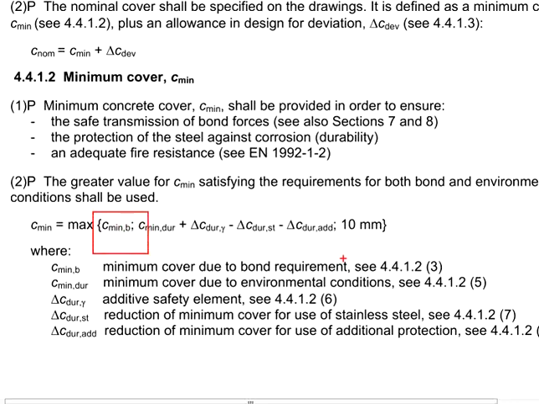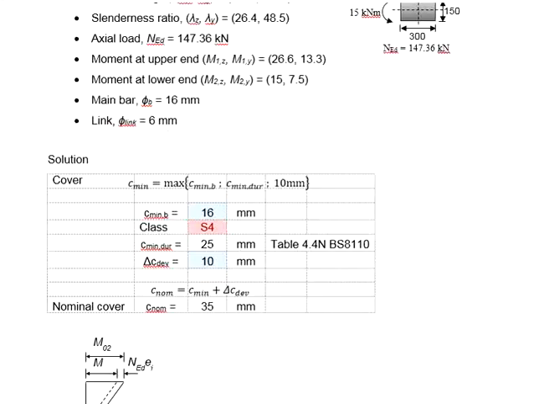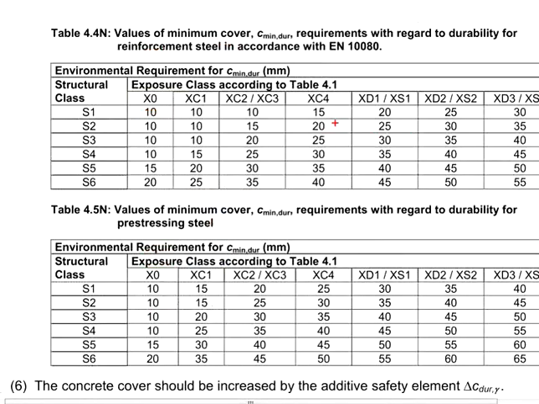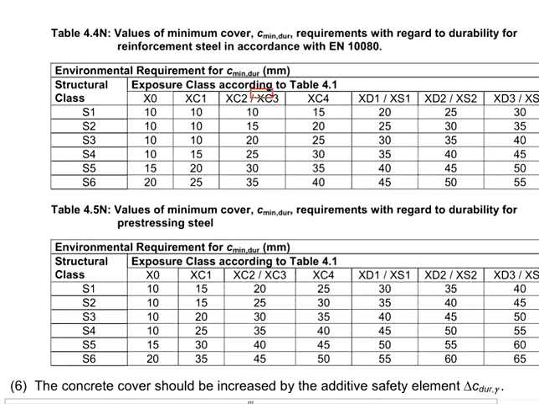C-min,b here, you can get it from table 4.2. It is defined by the diameter of the longitudinal reinforcement, which in this case, the main bar is 16 mm, therefore your C-min,b should equal 16 mm. And then you want to determine the C-min,dur. The recommended strength class is S4. Exposure class XC3, strength class S4.